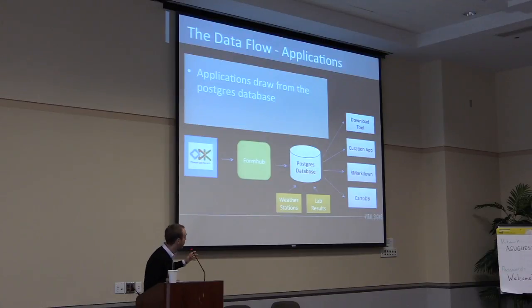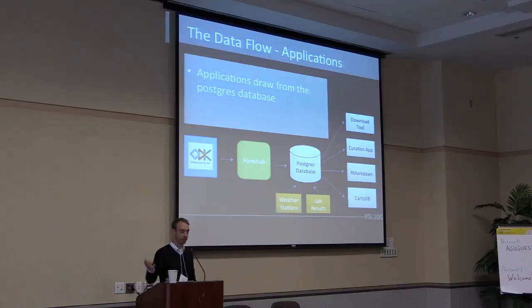We have an application for data curation, so the teams and other people can look through the data and see that somebody hit 0 way too many times when they were entering the height of the tree and there's no way it's 1 kilometer tall, and they can fix that.